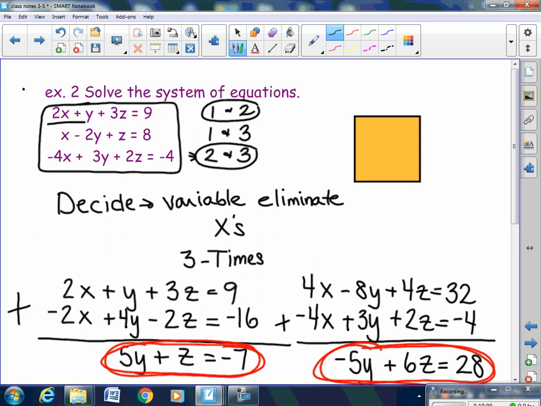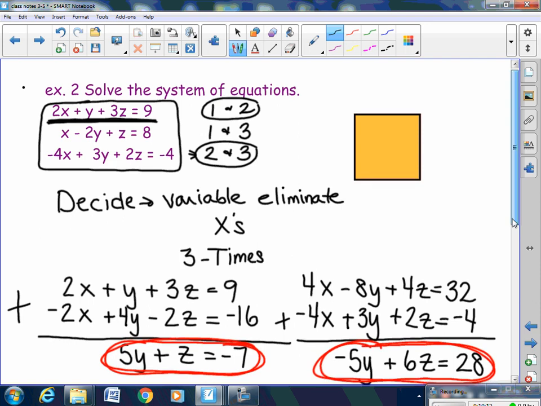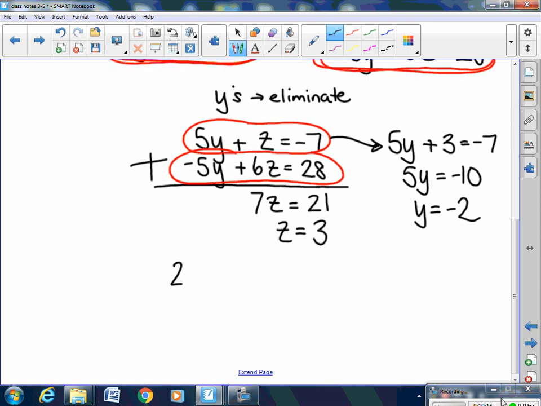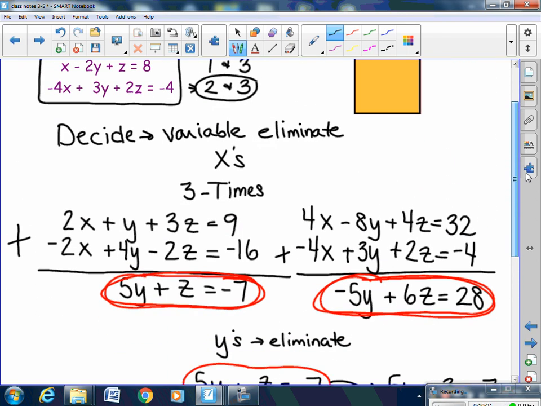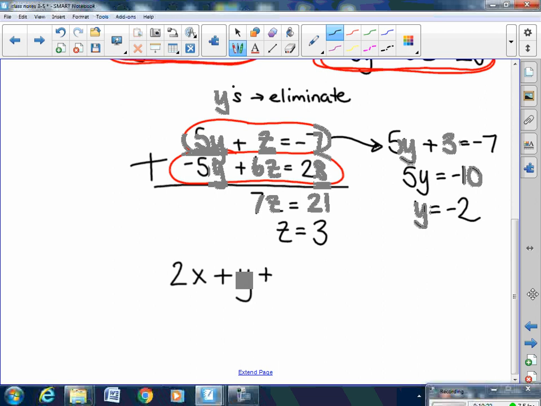So I'm just going to go back up into this one and copy that down again. 2x plus y plus 3z equals 9. You can go up into any one of those three.